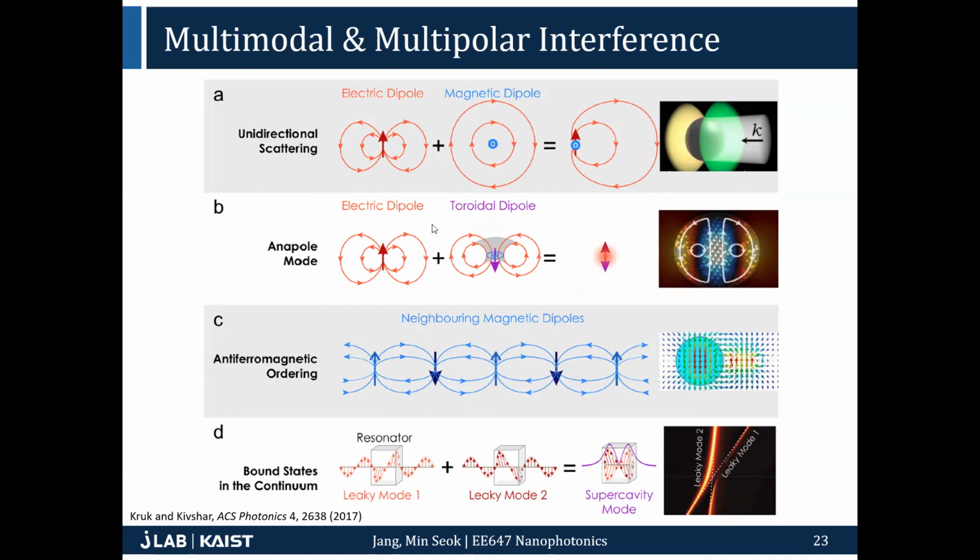And there are more complicated combinations also, like what is called the anapole mode. The anapole mode is the combination of an electric dipole and what is called a toroidal dipole. Toroidal dipole looks pretty complicated. It looks like a toroid.